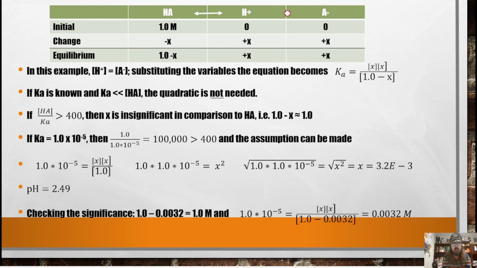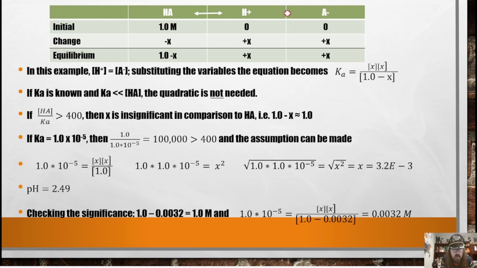So, for example, if Ka is 10 to the negative fifth, calculating our relationship of HA over Ka, we get a number that is 100,000, which is much larger than 400. So this is a pretty safe assumption.